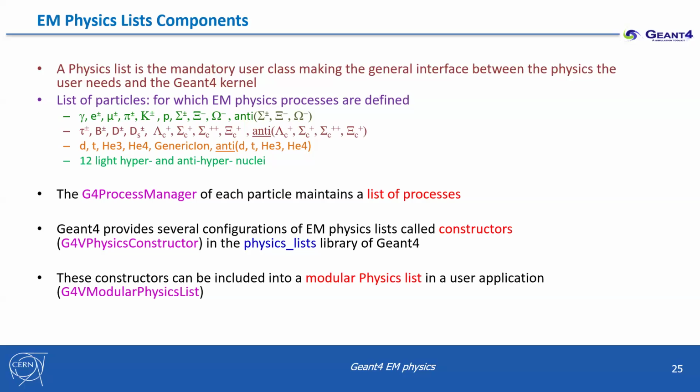As we discussed before, we define this in physics list, and we prefer to use modular physics list and define electromagnetic physics via G4VPhysicsConstructor interface.